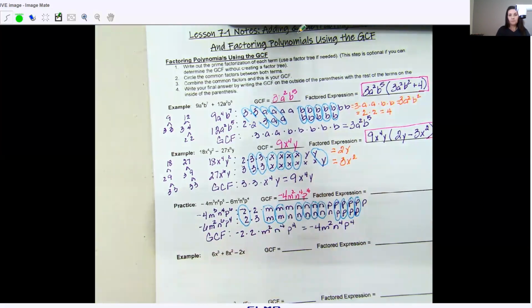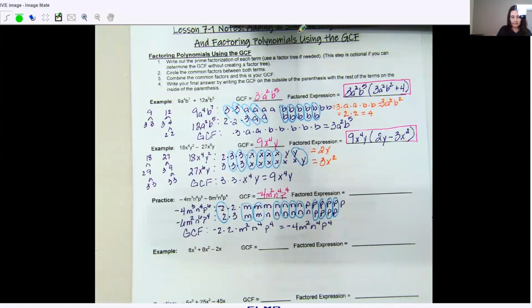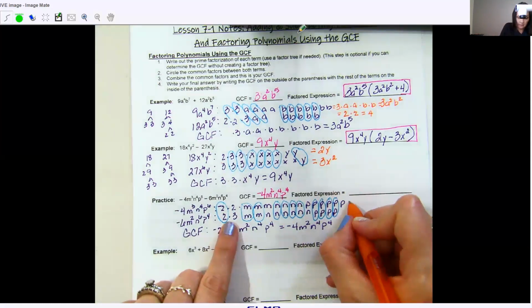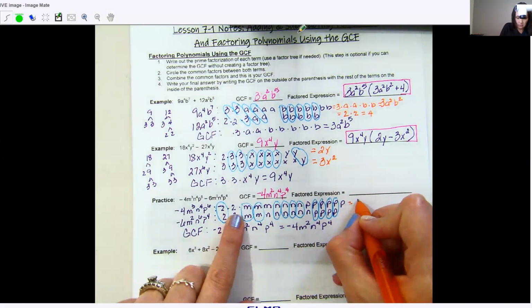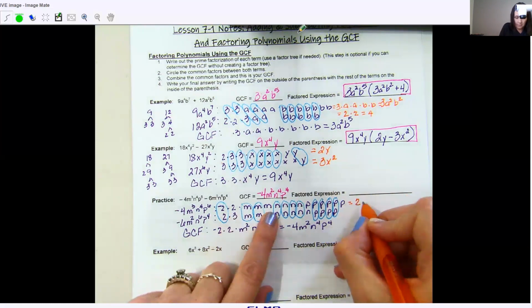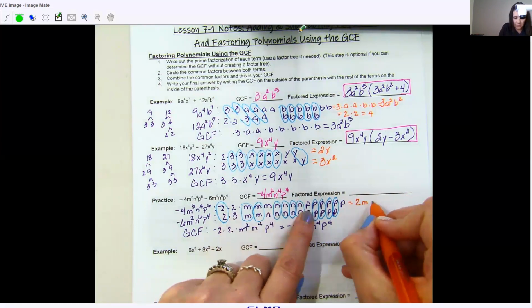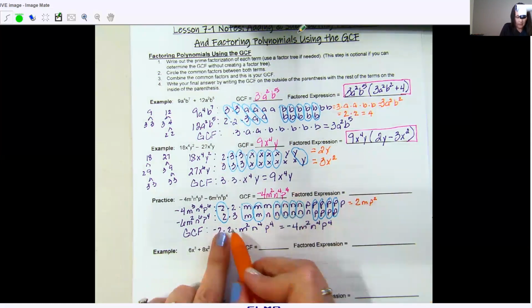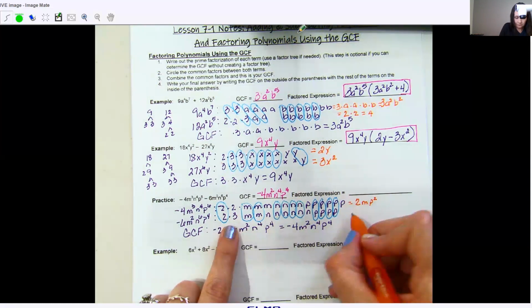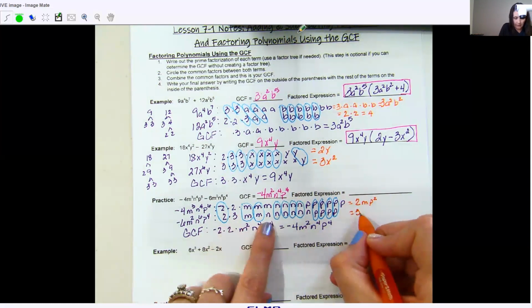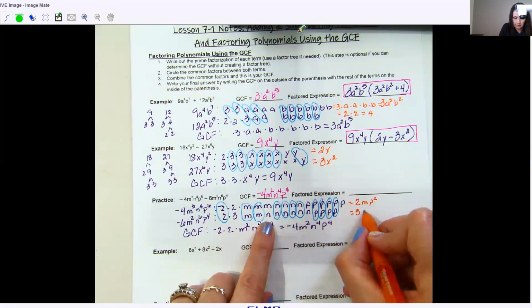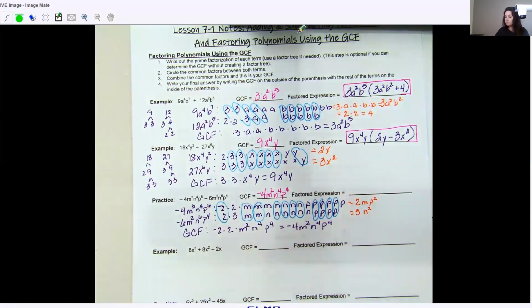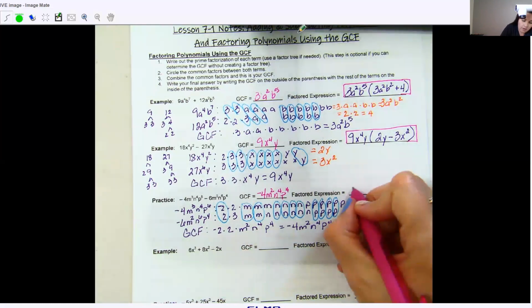Okay, all right. Now let's see what's left. We have 2, 1 m, and 2 p's left. We have to be careful with that. And then here we have a 3 and 2 n's. Okay. So when we write this, we have on the outside as our greatest common factor.